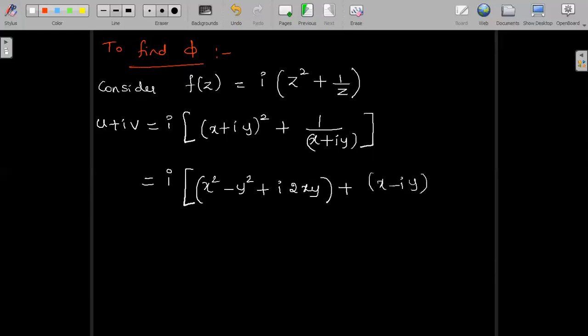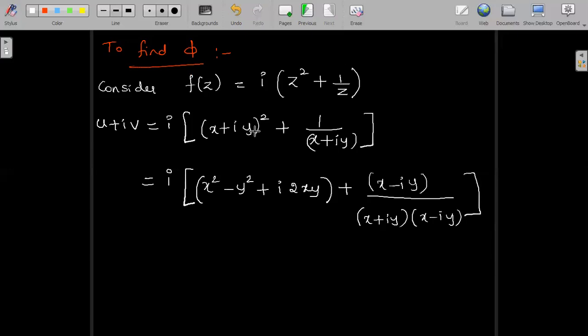So this becomes x minus iy divided by x plus iy into x minus iy. Denominator will be x plus iy into x minus iy. So let us simplify this. I'll just explain how is this.